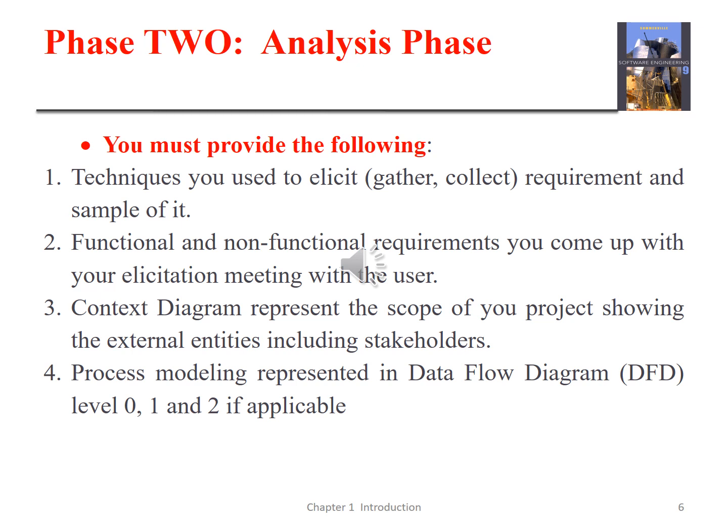Process modeling. We start process modeling, which has to represent the data flow diagrams, level 0, level 1, level 2 if possible, etc. This means we take the context diagram and explode it, drill down through it, decompose it to level 0 first of all, which should represent the major entities of that system, the subsystems, showing in level 0.